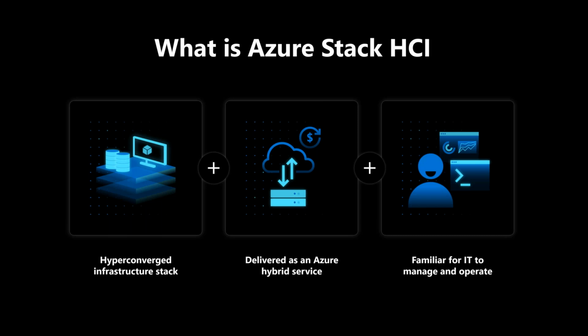So basically, looking at it, we have the option of running integrated systems with the previous Windows Server 2019 enabled HCIs.